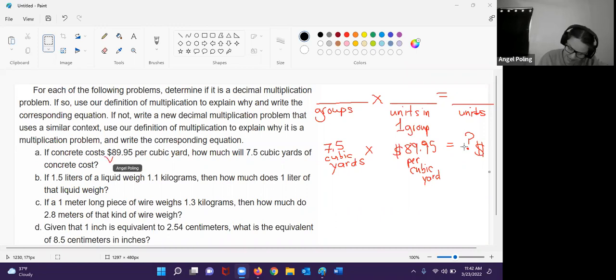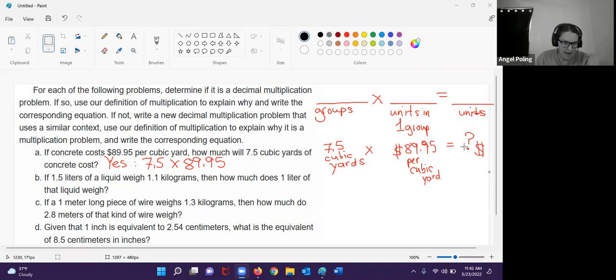So our answer is yes. This is 7.5 times 89.95. So it says, if so, use our definition to explain why. We're doing that right under the definition, and write the corresponding equation. So we've done that. Now for B, let me switch the colors out.